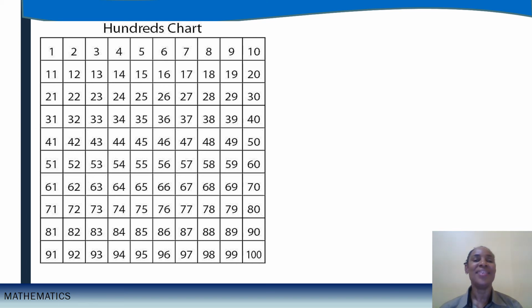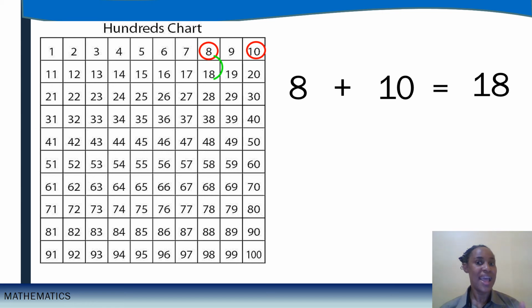To do that, we will choose one number. We will choose the number 8. And now we're going to add multiples of 10 to see if this is true about the numbers below. So the first multiple of 10 is 10. 10 added to 8 gives us 18.